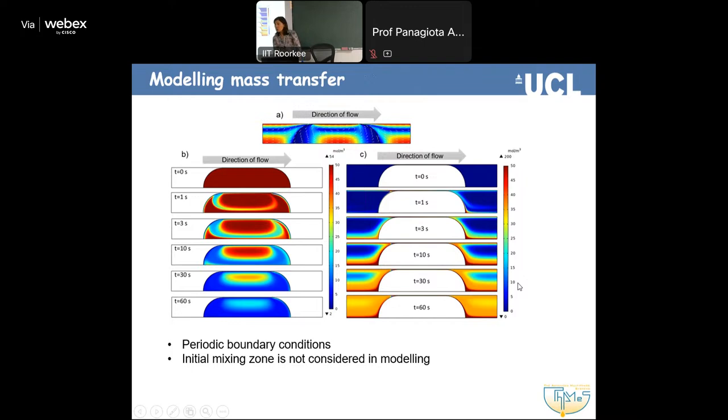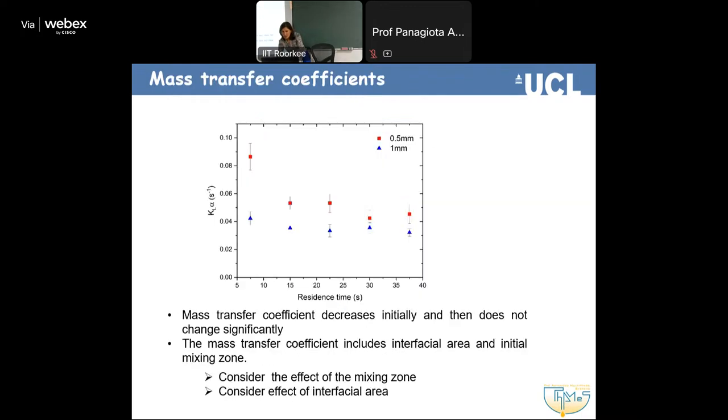If we do this sort of modeling, of course, we ignore entirely what happens when we bring the 2 fluids together. This just assumes that all the mass transfer happens mainly in the channel. We will see whether that is an issue or not. And here I'll use those to do some comparisons of other mass transfer coefficients, again at different channel sizes.